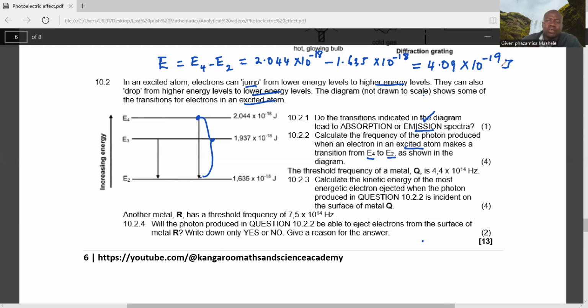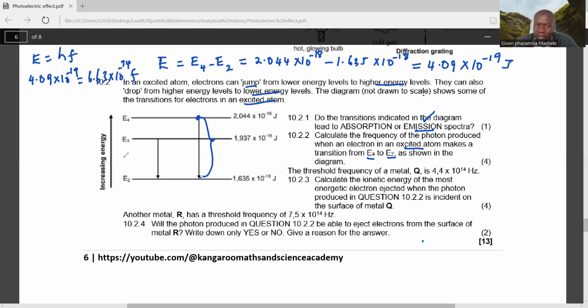Okay. So now, since we have the E, we want the frequency of photons. So it will be E equals hf. We know the energy of the photon is 4.09 times 10 to the power negative 19, and Planck's constant is 6.63 times 10 to the power negative 34 times the frequency.